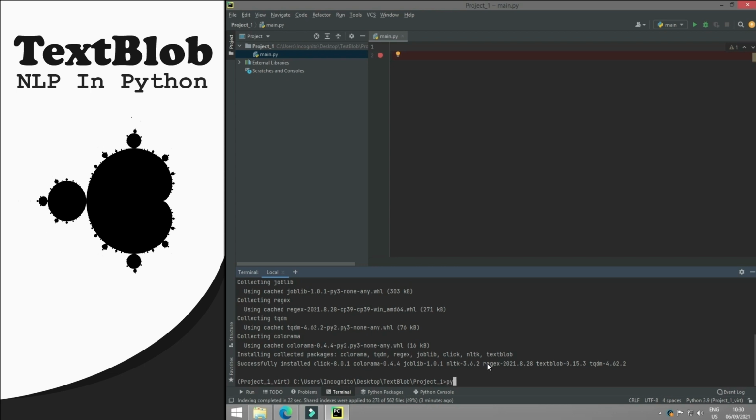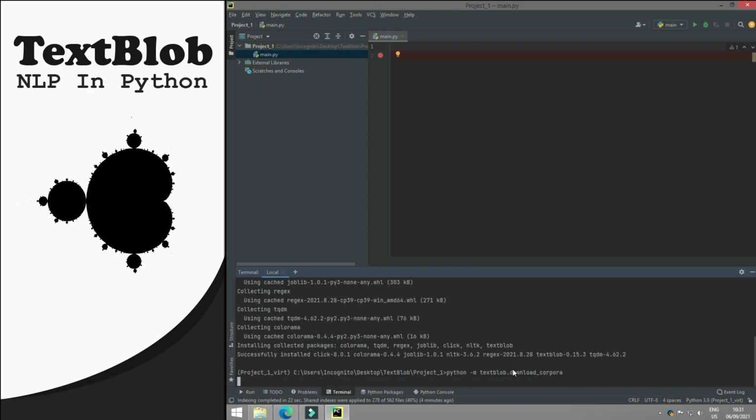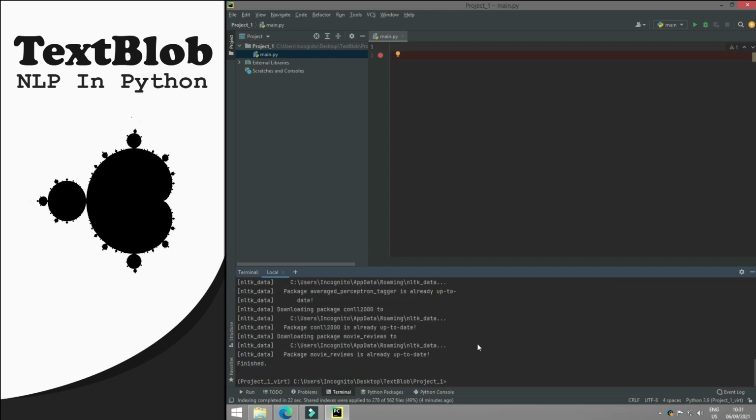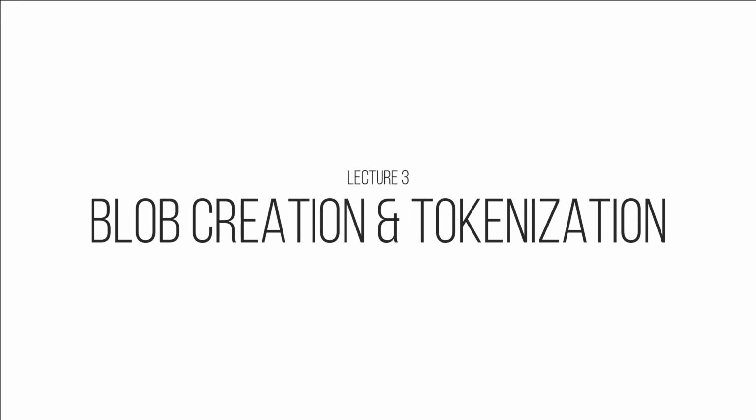Just write python -m textblob.download_corpora and hit enter. Now we have the necessary corpora as well, and this was all about the preparation of the environment. In the next tutorial we will jump into the development, so I will see you in that tutorial.